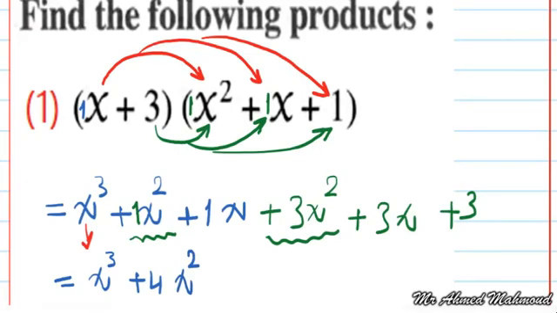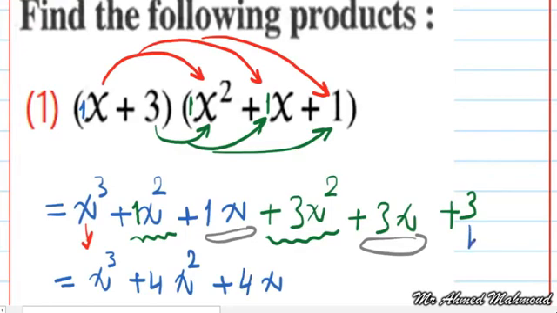Finally positive 1x plus 3x equals positive 4x, and drop down positive 3 because there isn't any term like it.